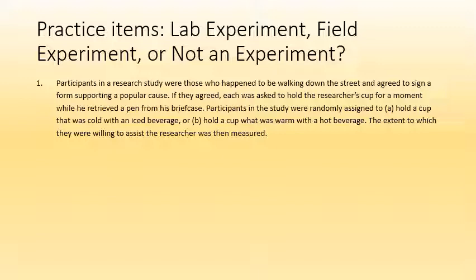Participants in the study were randomly assigned to A, hold a cup that was cold with an iced beverage, or B, hold a cup that was warm with a hot beverage. And then they measured how willing they were to assist the researcher. And so in this case, we can see that this is taking place with people who are walking down the street. And so this is a field experiment that took place in a natural setting.